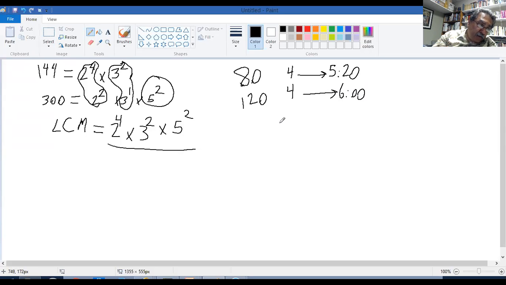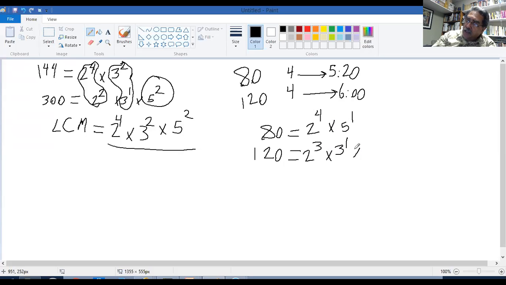We want to find the least common multiple and then add this number of minutes to 4 o'clock p.m. So again, when you do the prime factorization, 80 is a product of prime numbers 2 to the power of 4 times 5 to the power of 1, and 120 is a product of 2 to the power of 3 times 3 to the power of 1 times 5 to the power of 1. Oh, I'm sorry. Let me do this.